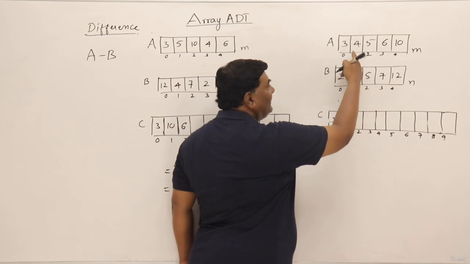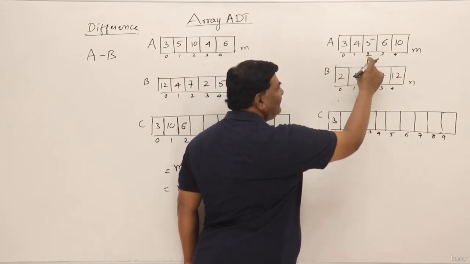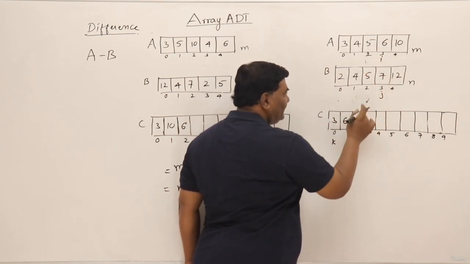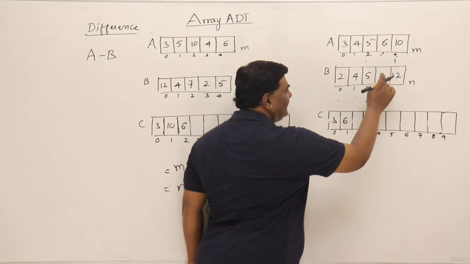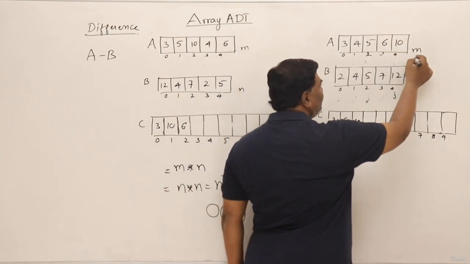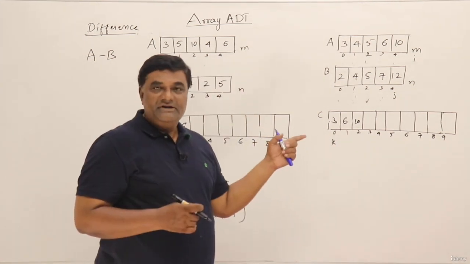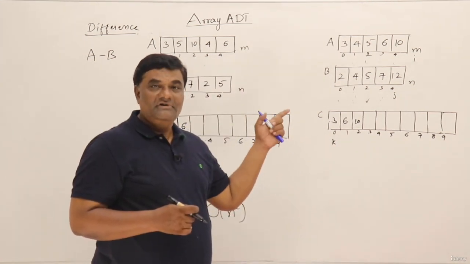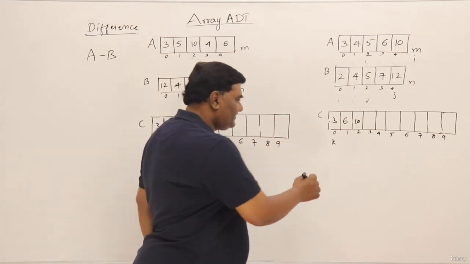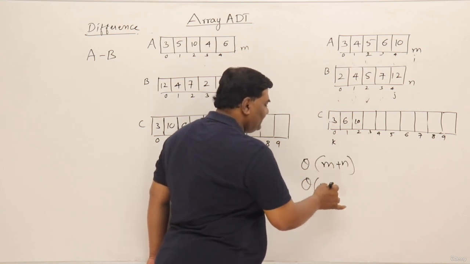Then move ahead. They are the same, don't copy anything, just move ahead. They are the same, don't copy anything, just move ahead. That's small, copy it. Move ahead. Then this is small, move ahead. Then that is small, copy it, move ahead. The first list has finished, so stop. We are not copying from B, we are copying only from A. And we are running the same procedure just like merge. So the time is theta of m plus n, and in a single variable it is n.